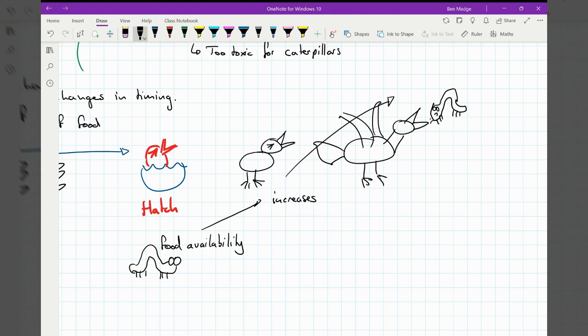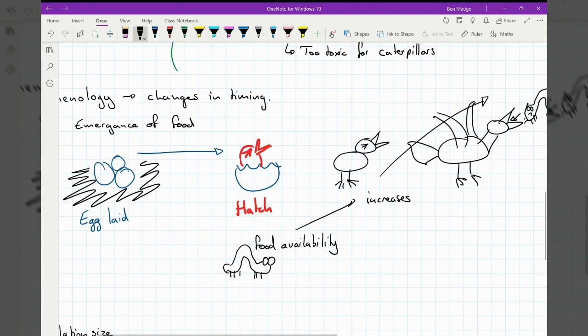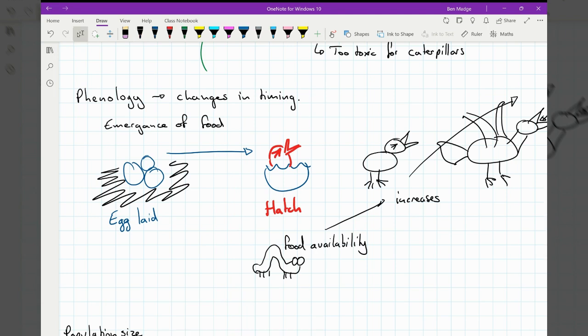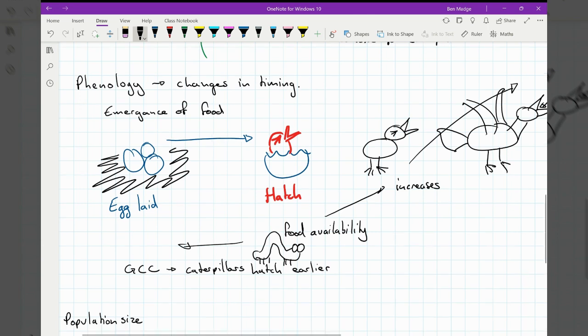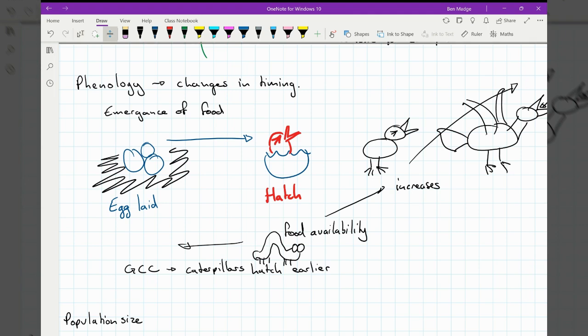All right. The problem is when we have changes of temperature, the food availability is earlier. So with global climate change, the caterpillars hatch earlier and they are able to respond to changes in temperature much quicker because they are much smaller, with a large surface area to volume ratio.